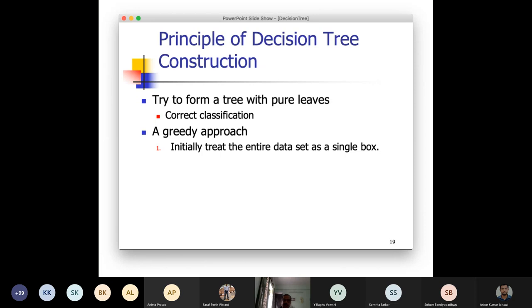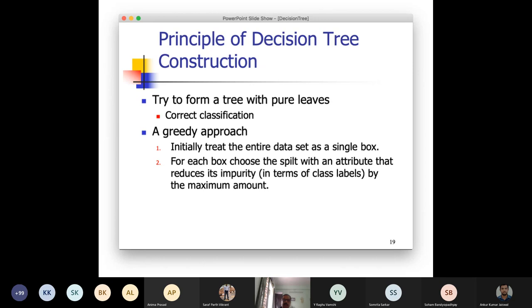So a greedy approach that I was mentioning could be like this: initially you treat the entire data set as a single box, with respect to the two-dimensional classification examples with respect to coordinates. Then for each box, choose a split with an attribute that reduces its impurity.